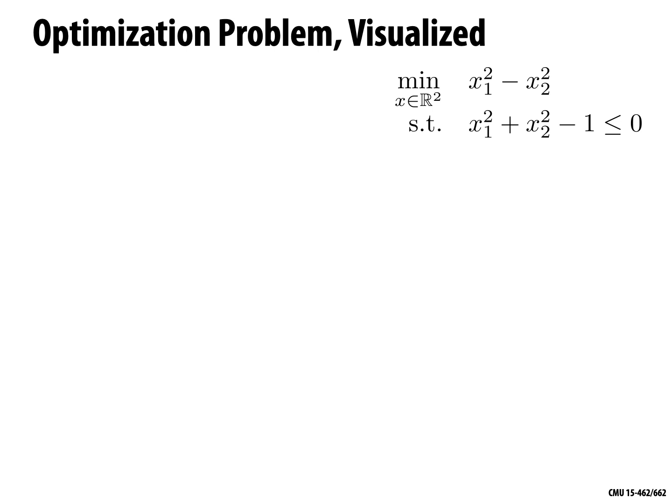So how can we visualize this optimization problem? Well, you all know how to plot the graph of a function in two variables, right? I can think of this function x1 squared minus x2 squared as describing the height over the plane.